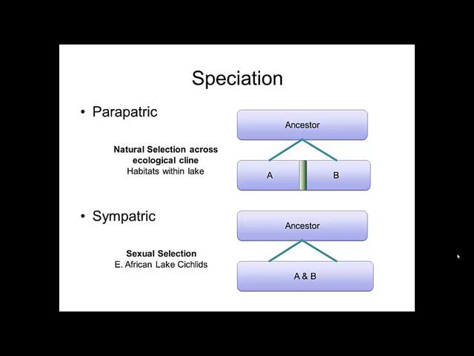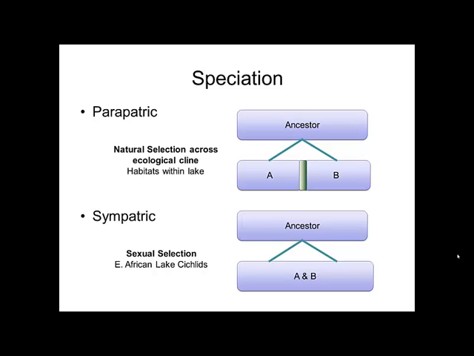And because the individuals in the ancestral range can adapt to these different environmental conditions through time, they may differentiate across the cline, because this one's adapted to, say, the lake margin, and this one's adapted to the middle of the lake. So therefore you end up with species that are next door to each other and have adjacent ranges as a result of not a new barrier forming, but due to a change in ecological conditions.